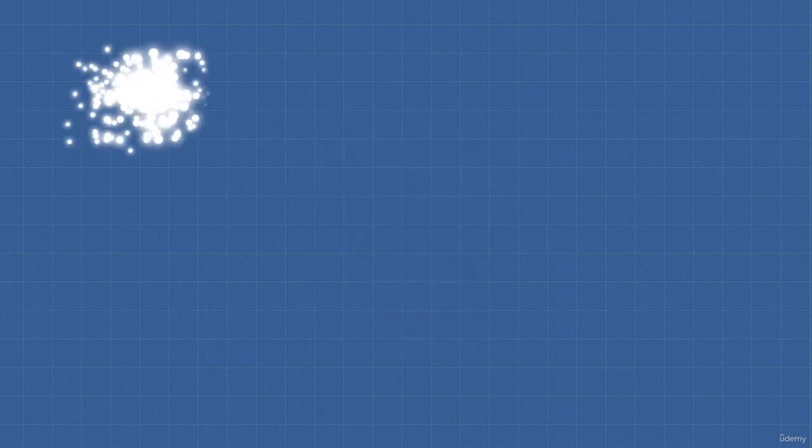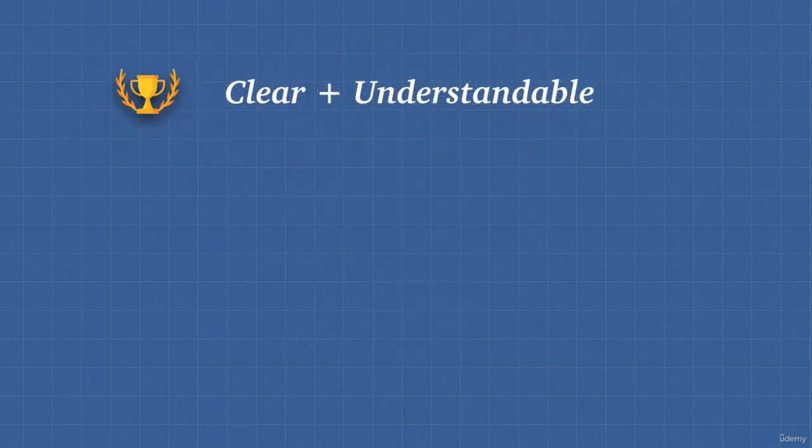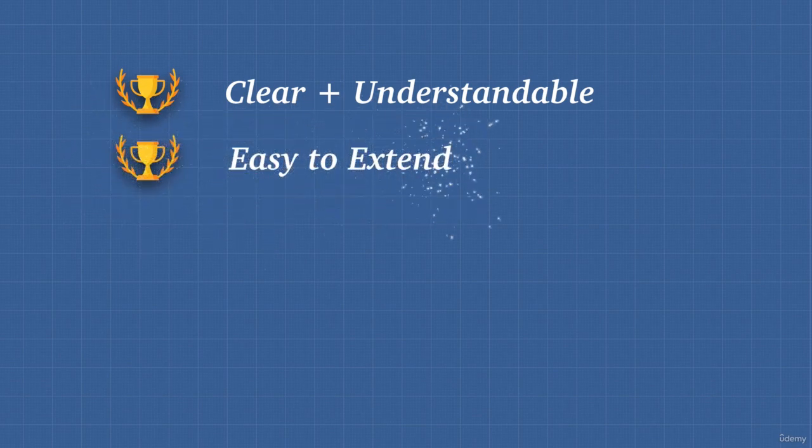One is that by using these paradigms, we're going to make code more clear and more understandable. We're going to make code easy to extend. That is, as our app grows, as our programs grow, as the number of developers working on a project grow, it's easier to extend using these programming paradigms.